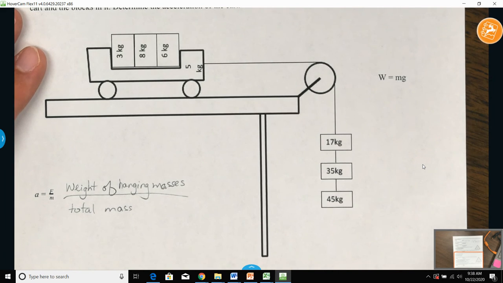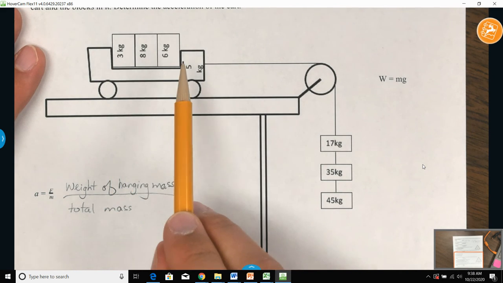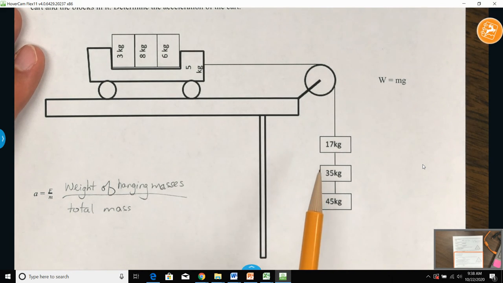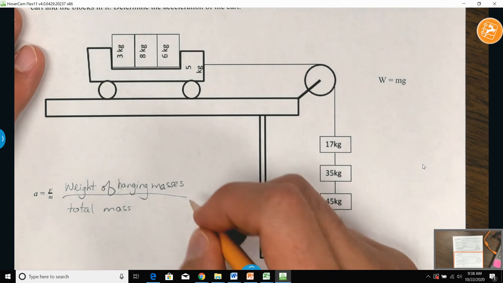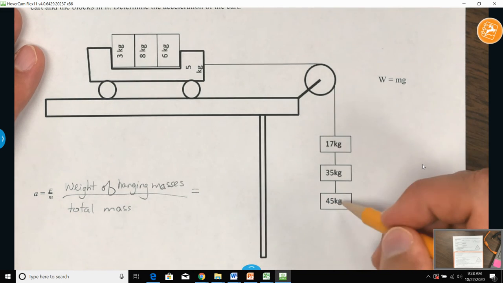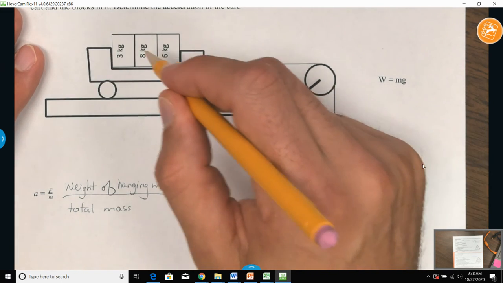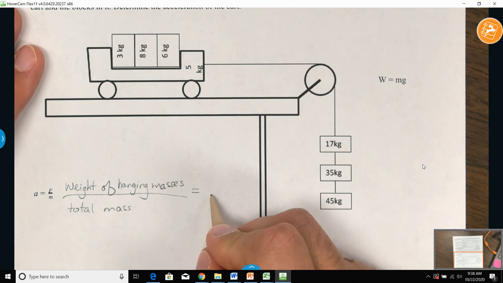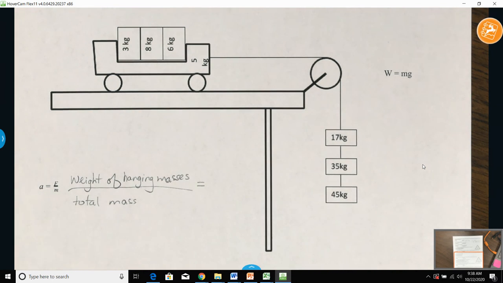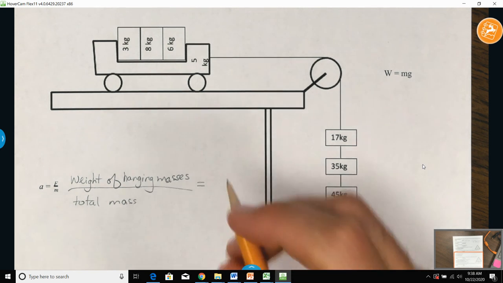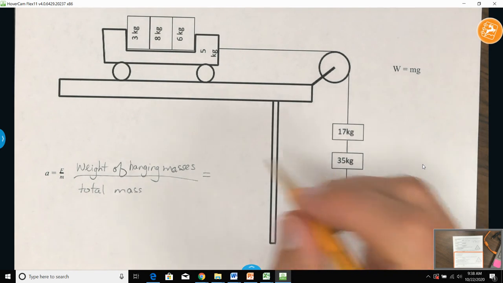So someone real quickly add 3, 8, 6, 5, 17, 35, and 45 together, because those are the masses of everything. That comes out to be 119, I believe.